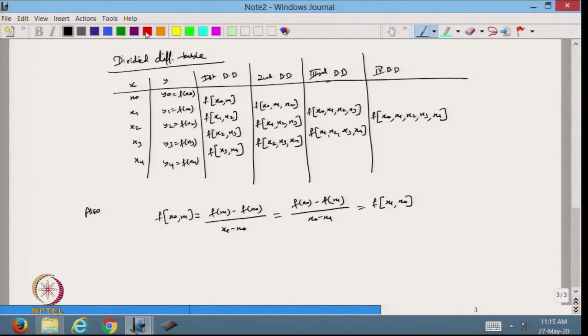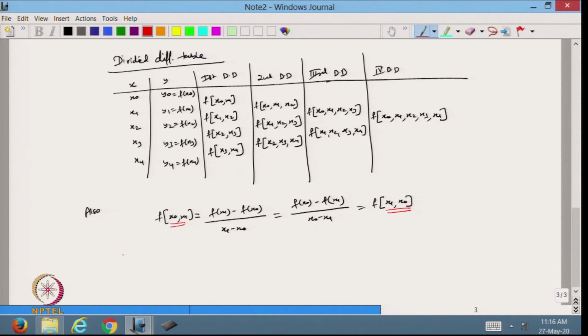So in this case I can say that the ordering of these values of x0 and x1, the indexing, does not matter. It does not matter whether we write x0 first and then x1 or x1 first and then x0, the value of the divided difference will be the same.